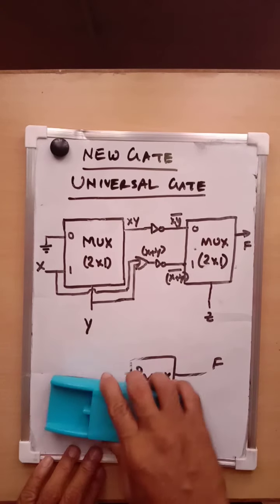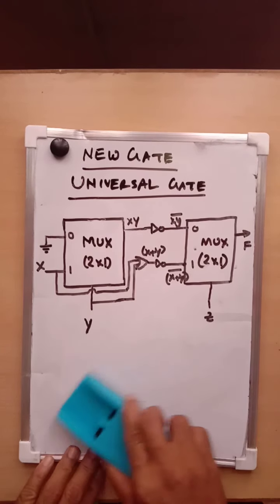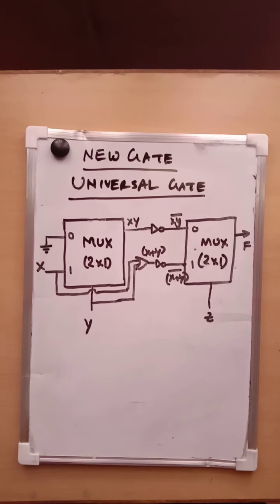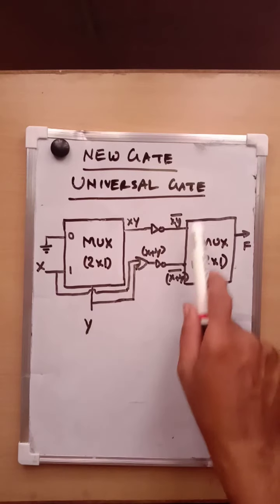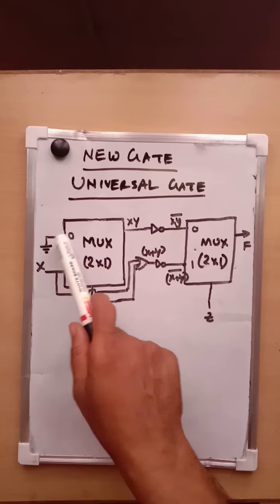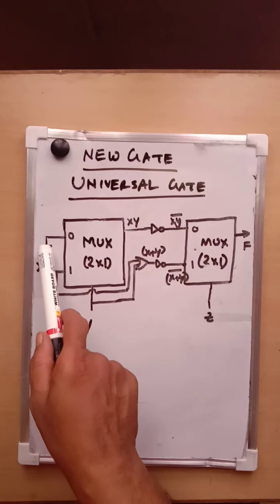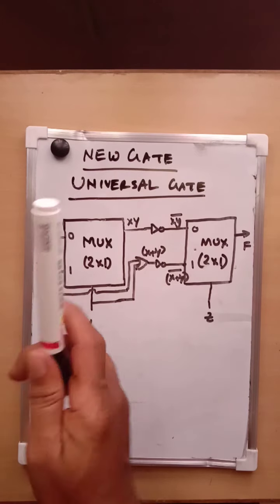Once we have the concept of the multiplexer, let me explain our newly proposed universal gate. This is one multiplexer and this is another multiplexer, and this input is 0, that means grounded, no input is given.